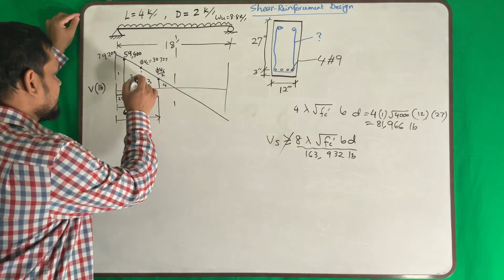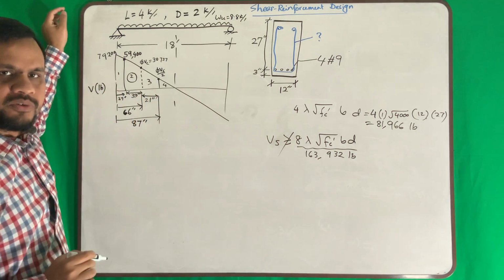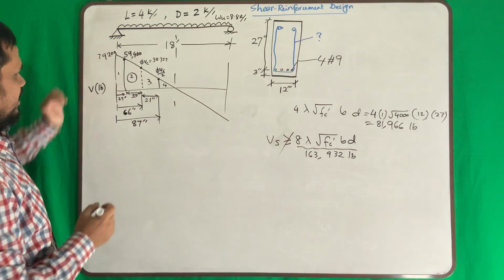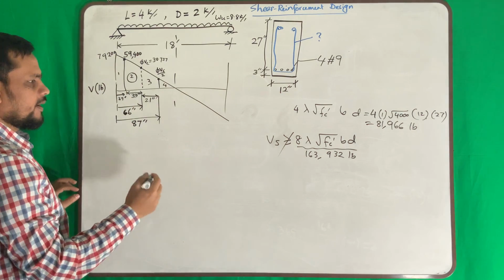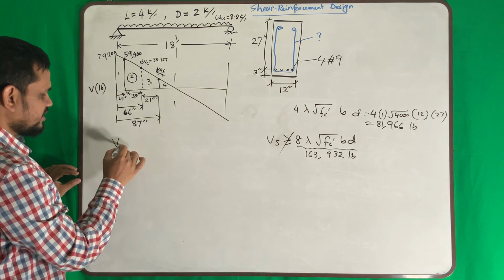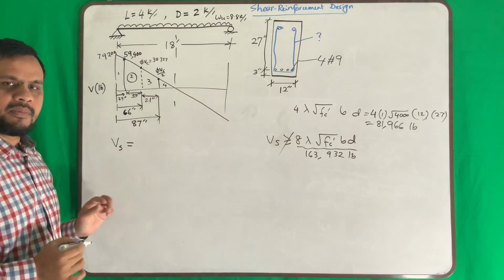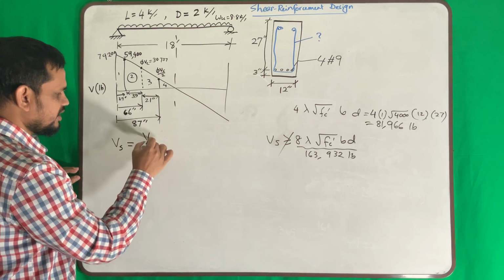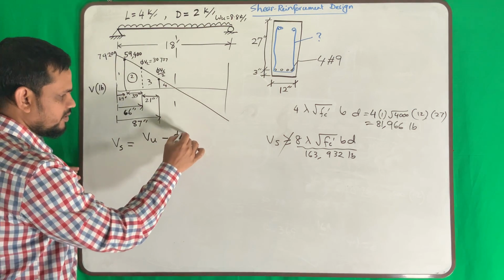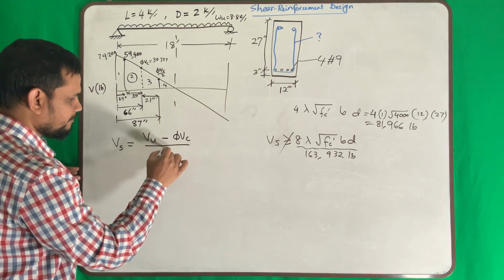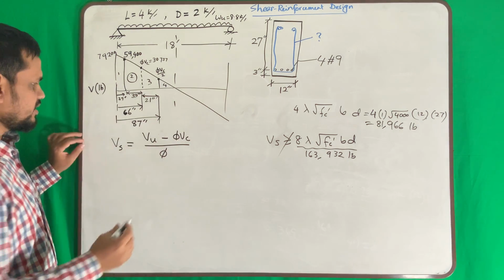So we will start region number 2. Okay, in region number 2, what is the amount of shear force taken by my steel? That is, if you see the equation, it is Vu over phi minus Vc. I showed you this equation.